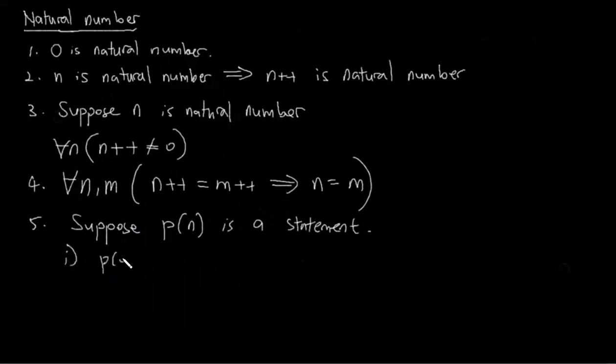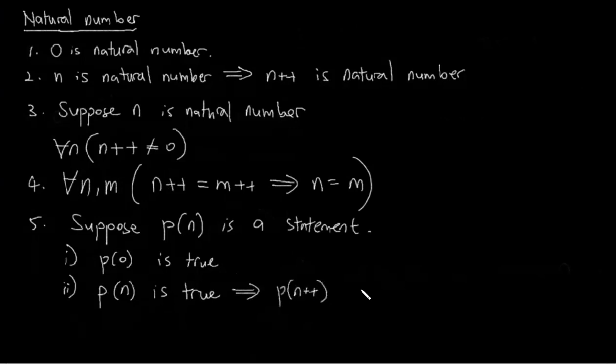First, P(0) is true. This is the first condition that needs to be met. The second condition is if P(n) is true, this will imply that P(n++) is also true.